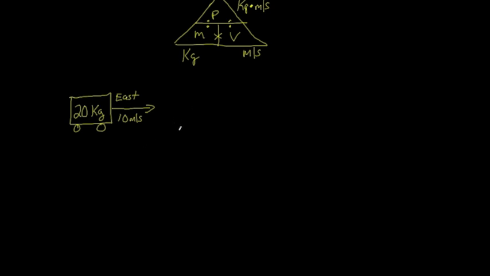P equals mass times velocity, so P equals the mass, which is 20 kilograms, times 10 meters per second, which equals 200 kilograms times meters per second.